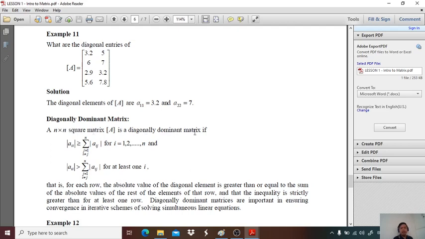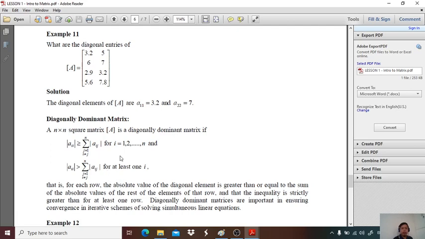We can consider a square matrix diagonally dominant if the absolute value of the diagonal element is greater than or equal to the sum of the elements in that row.